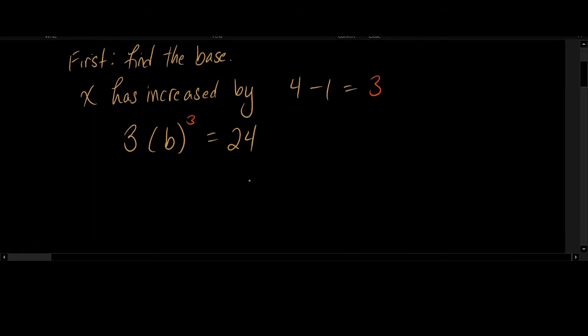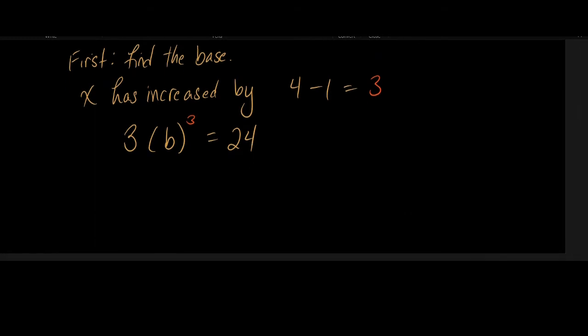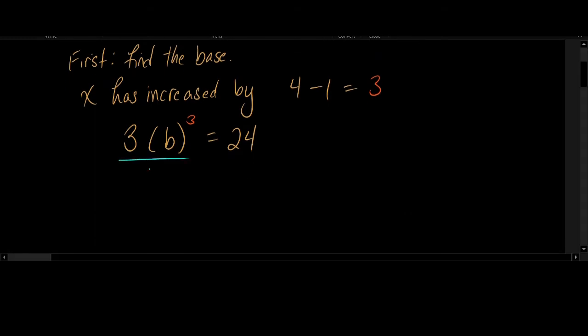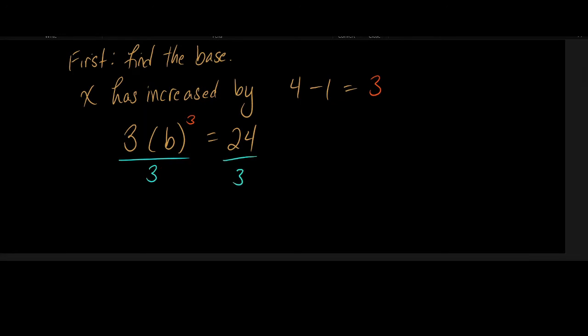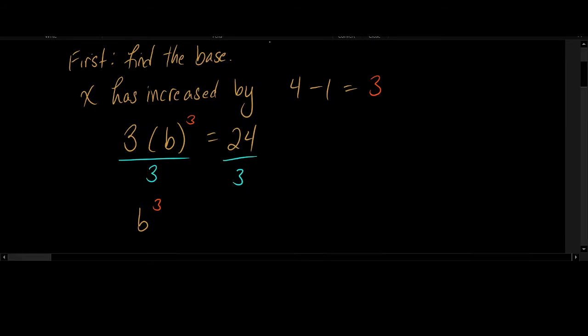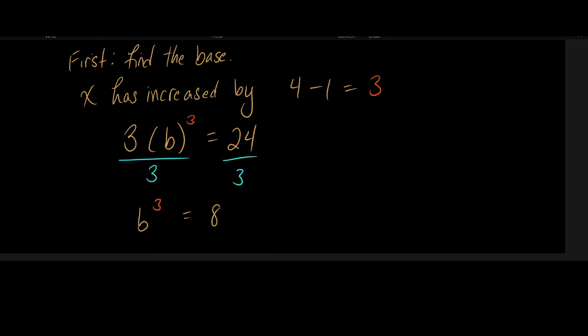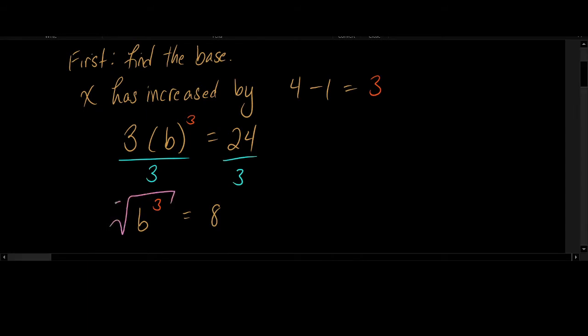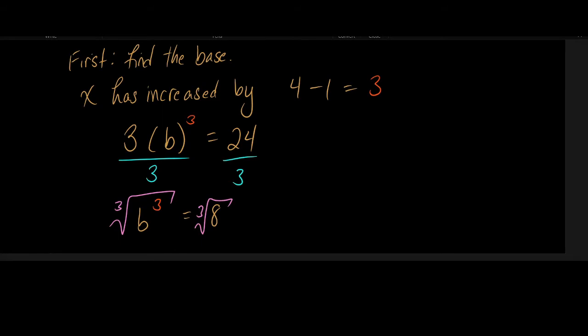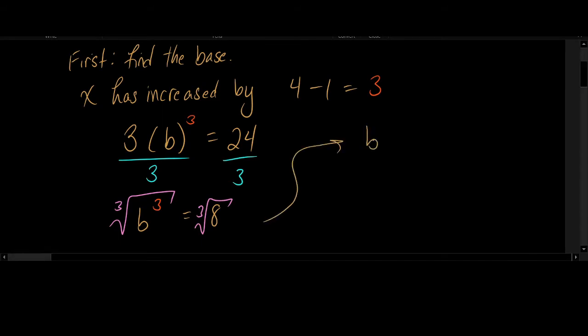Now let's go ahead and solve this for b. The first thing that we want to do is divide both sides by 3 in order to isolate b to the power 3. And then to get rid of that third power, we're going to use the third root. Take the third root of both sides and we find that b is equal to 2.